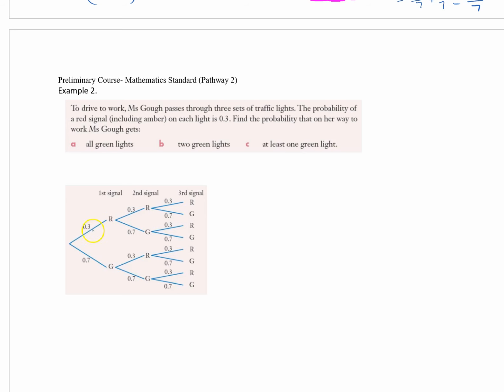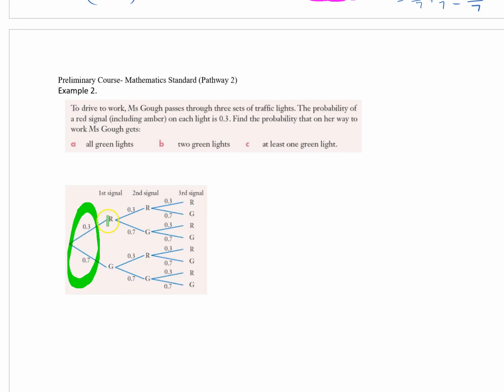So red has probability 0.3. If we didn't know that, we certainly wouldn't know the probability of green. But knowing that it's 0.3, we're expected to be able to come up with the 0.7. How? Because we know, from what I've been saying, these 2 probabilities must add to give 1.